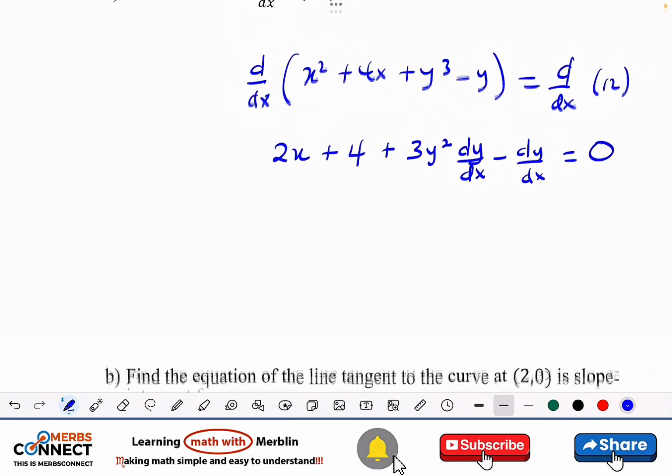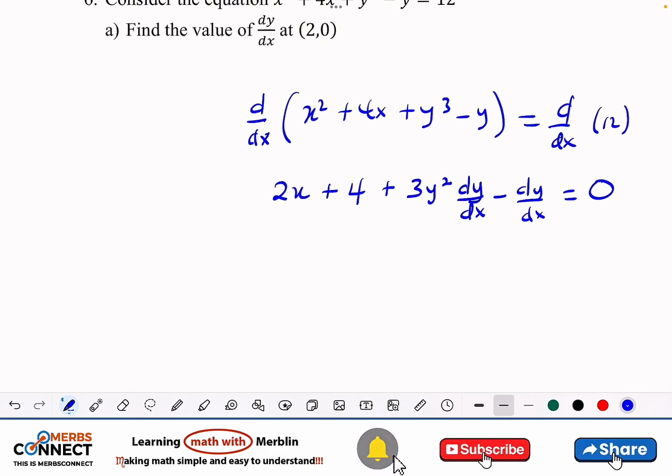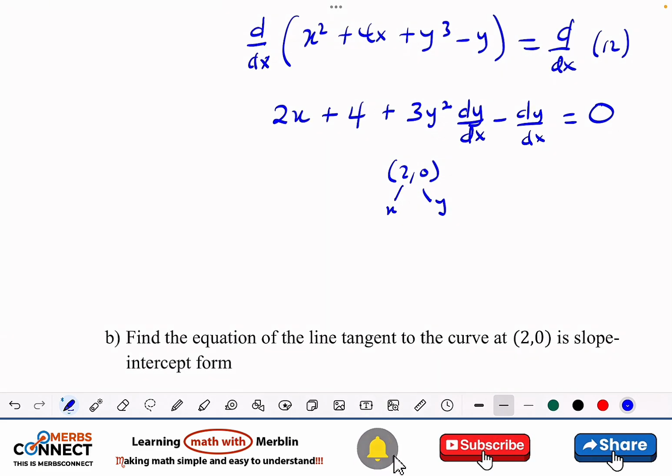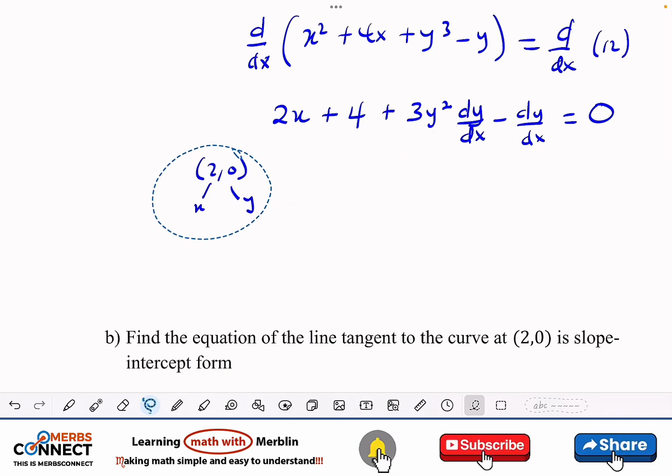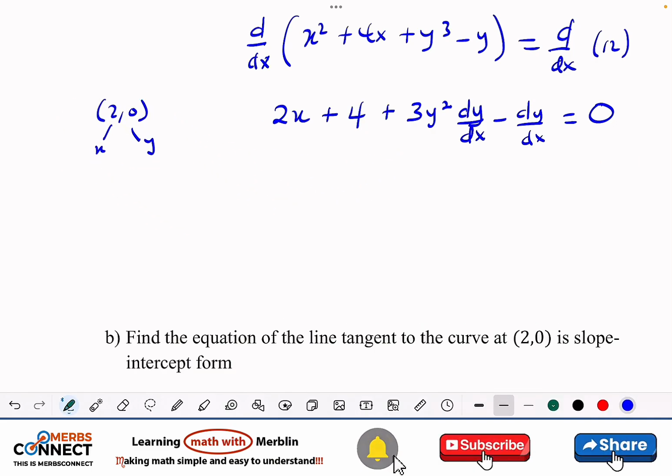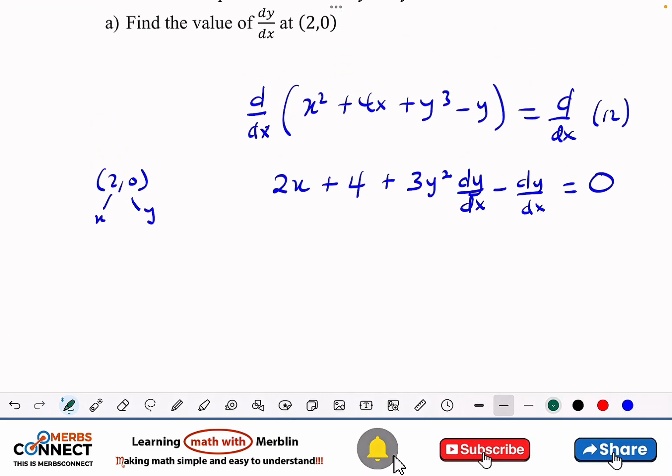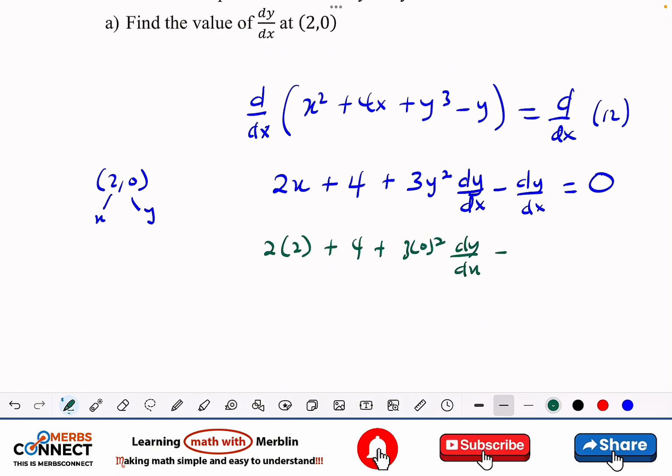So let's try and simplify. We have a point 2 and 0, so this is x and this is y. Let's put them inside. I'm going to have 2 times 2 plus 4 plus 3 times 0 squared dy over dx minus dy over dx is equal to 0.